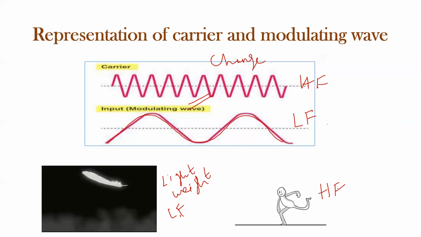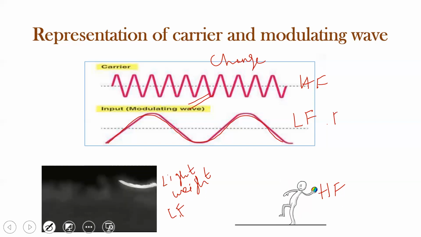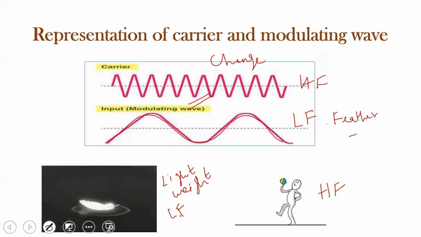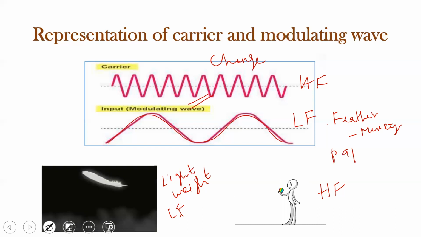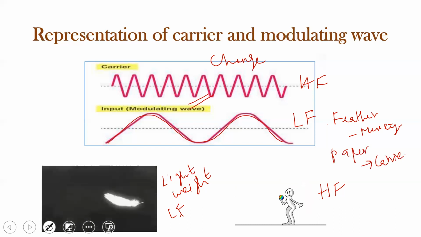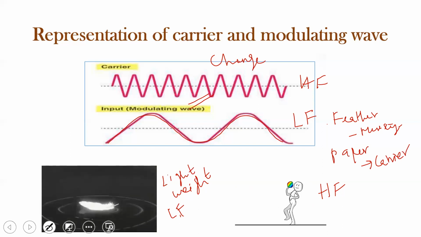So this paper that is wrapping the feather becomes the carrier. So here we can say the feather is nothing but message and paper is nothing but carrier. So this is a very simple example for explaining this modulation concept.